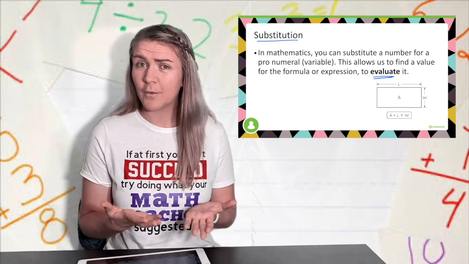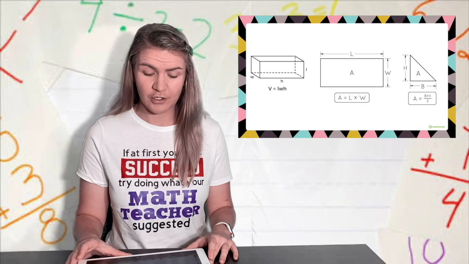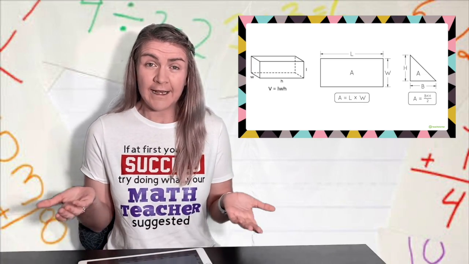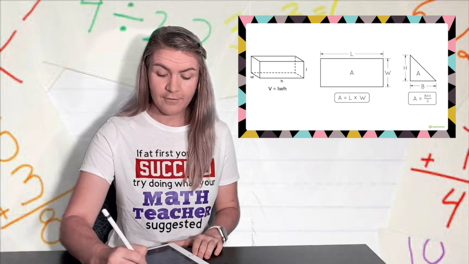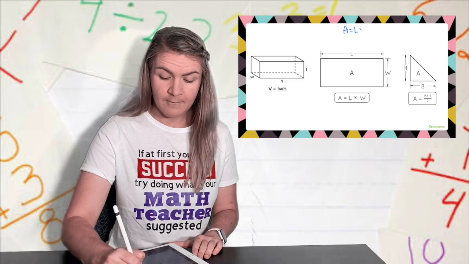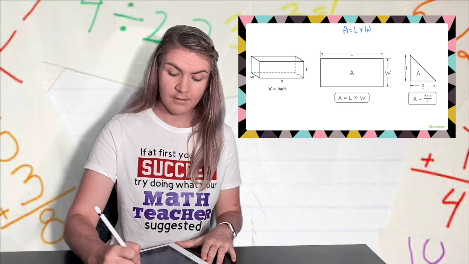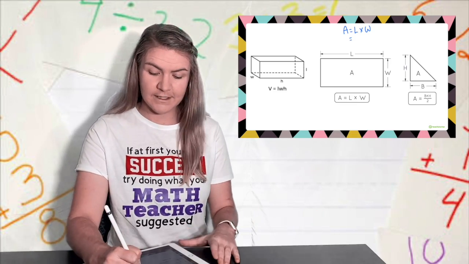Now this is something that we've done many times before, and I have my area problem here to show you. We did all of these area questions, and every time we did that, we did substitution. We would write out the formula. And then we would be told the length is 70. And we would replace the L with 70.